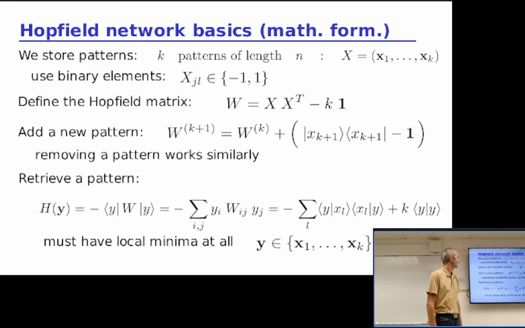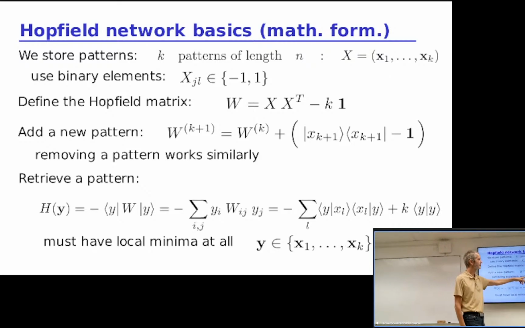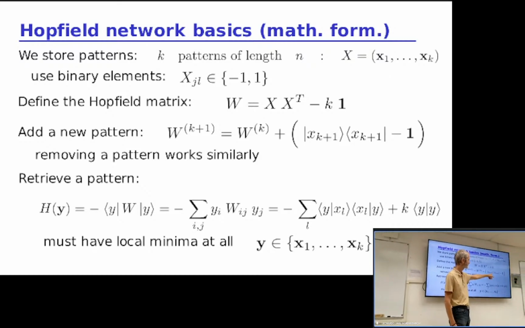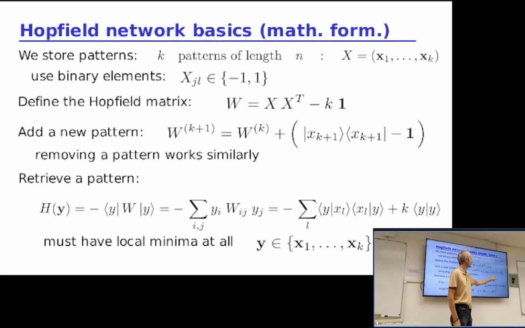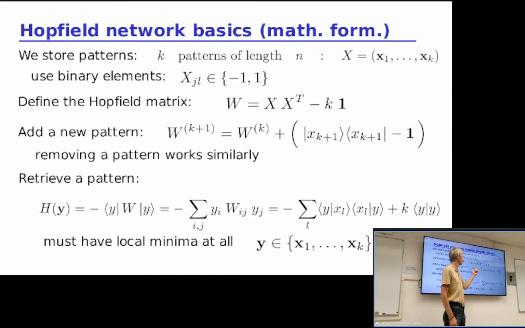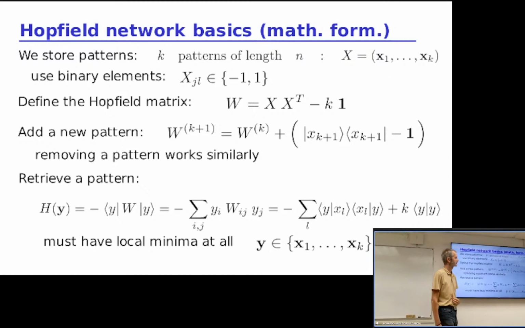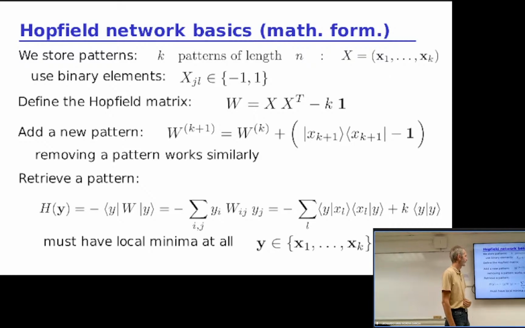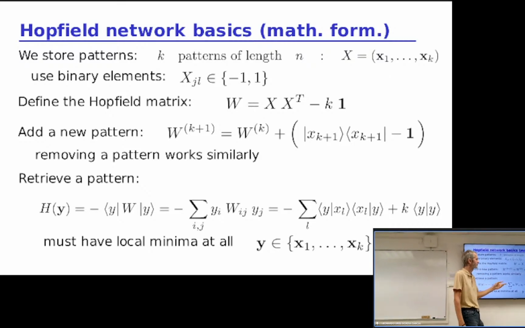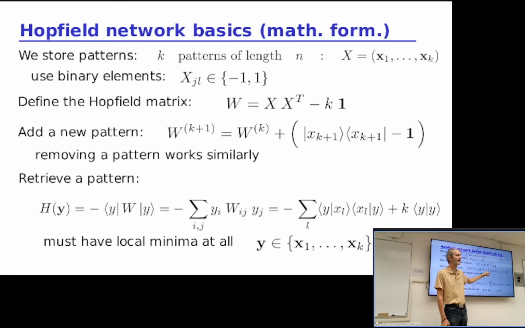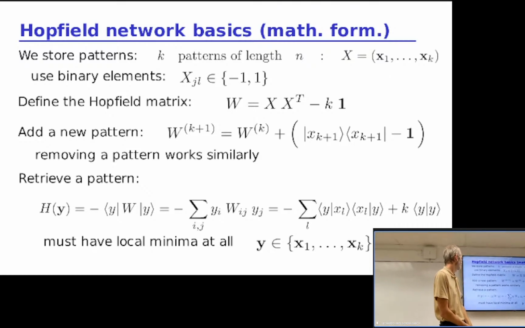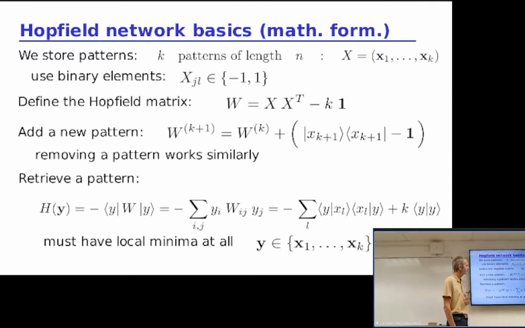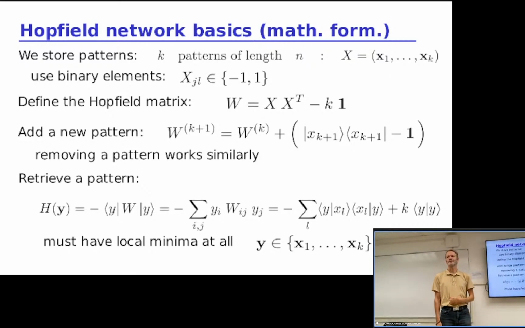To add a new pattern, here we have a new pattern x_{k+1}, you just add that matrix to W. To remove a pattern, you do the same, but with a minus sign. Now, to retrieve the pattern, that's a difficult issue.